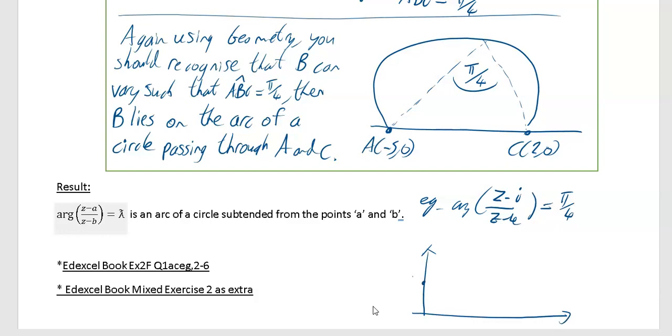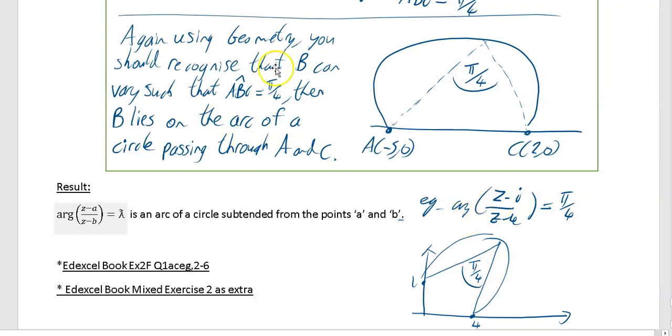That's 1 on your vertical axis, and then you've got 4, z − 4 is going to be here, and just do this thing out like so. So do this one quite steep, and then this one shallower to meet it, and it's the arc, if you can imagine the arc that goes round to meet them both. And that would be π/4. So that's all you need to know and understand from this. I've explained where it all comes from in your notes, but that's all you need to know.